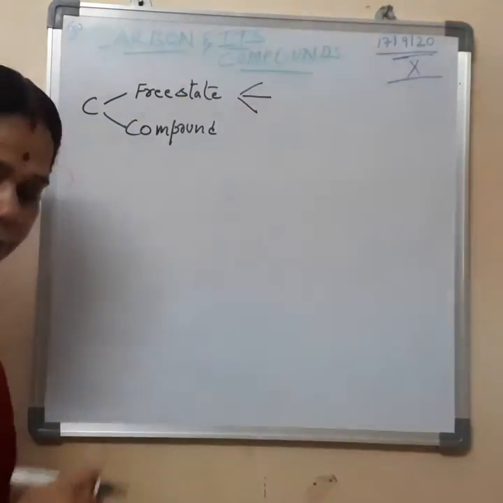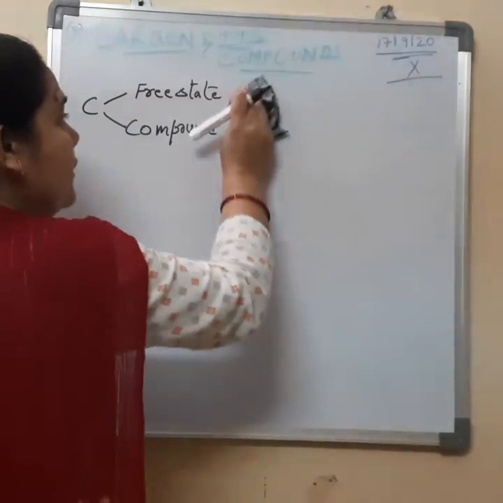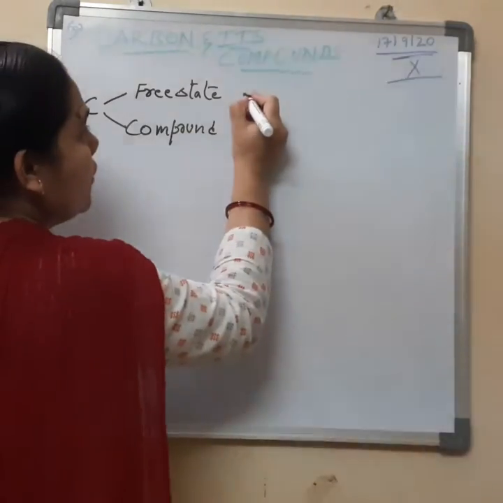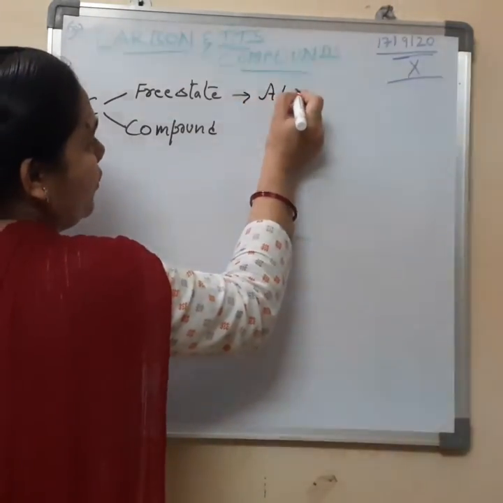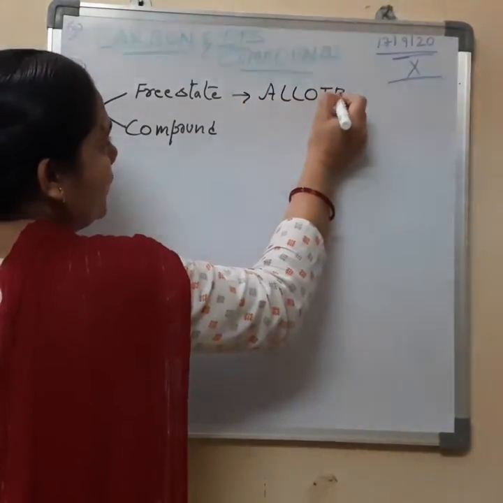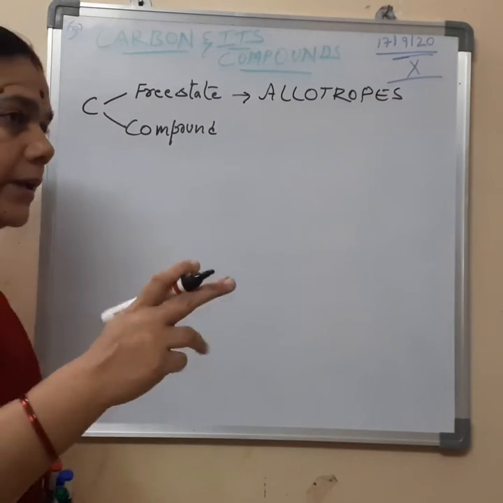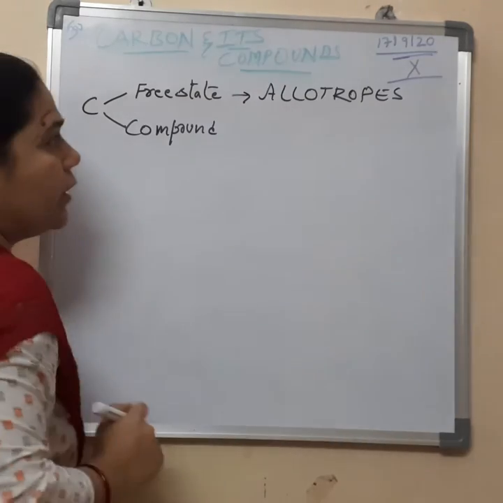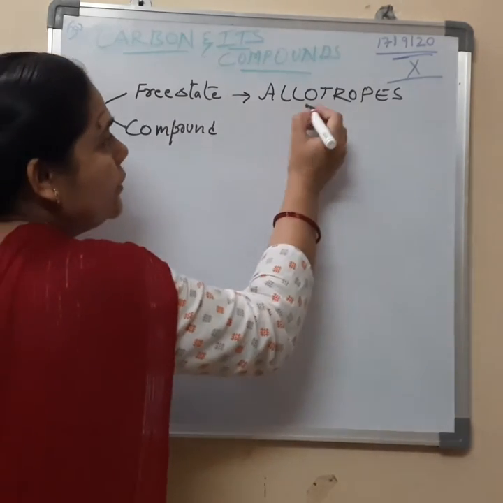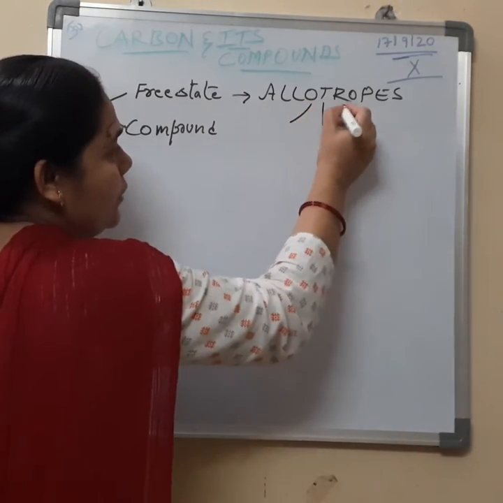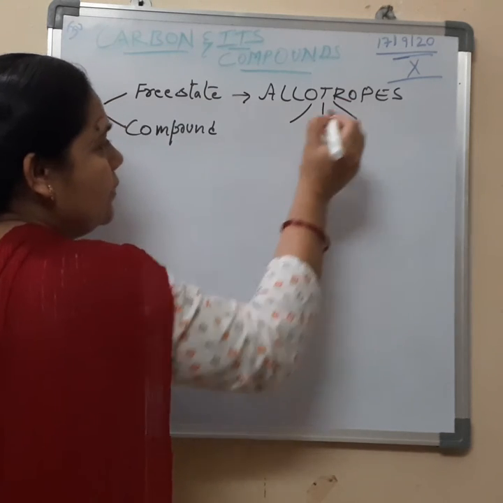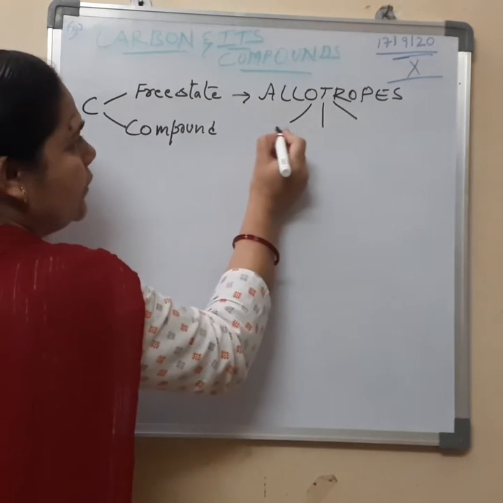Now these three forms of carbon which exist in nature, they are also called what? Allotropes. So what are allotropes? The existence of an element or an atom in different states is called allotropes.